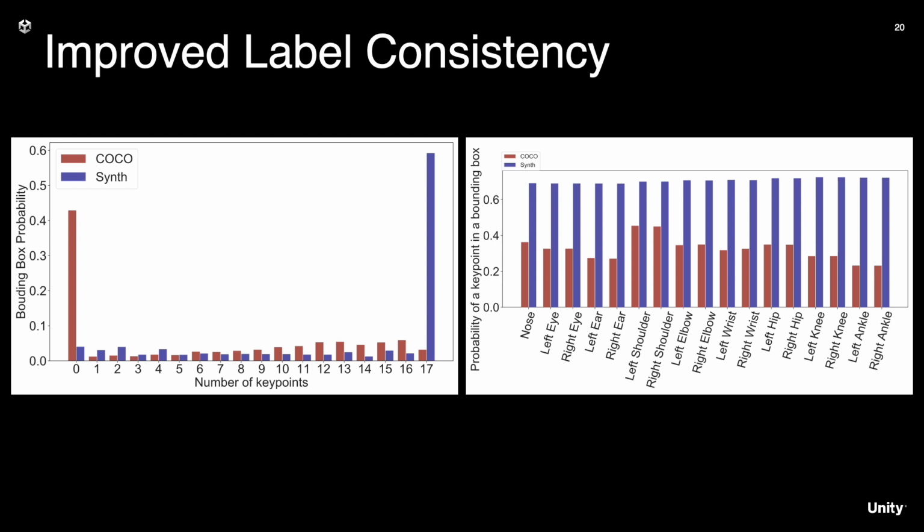Additionally, we have improved label consistency with synthetic data. So here you're looking at the number of key points that are labeled per person in COCO versus People Sans People. You see in general in People Sans People, synthetic data, you get all 17 COCO key points labeled, whereas in COCO, you actually get, most of the time, none of the key points labeled, and very rarely do you get the full set of key points.